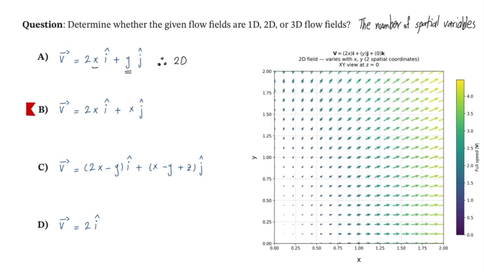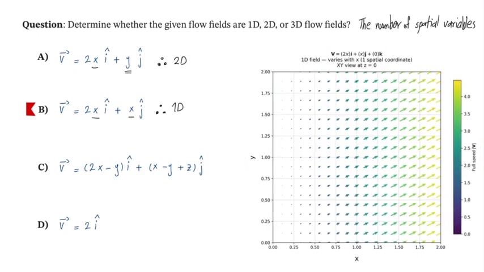However, as mentioned, the number of spatial variables is what we care about in fluid mechanics to determine the dimensionality of the flow field. Here, we only have x as the spatial variable. So this is actually a one-dimensional flow field.